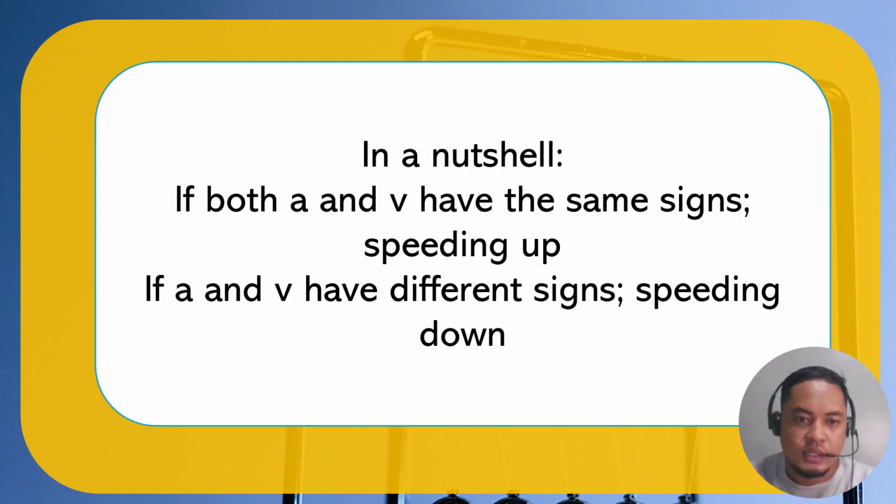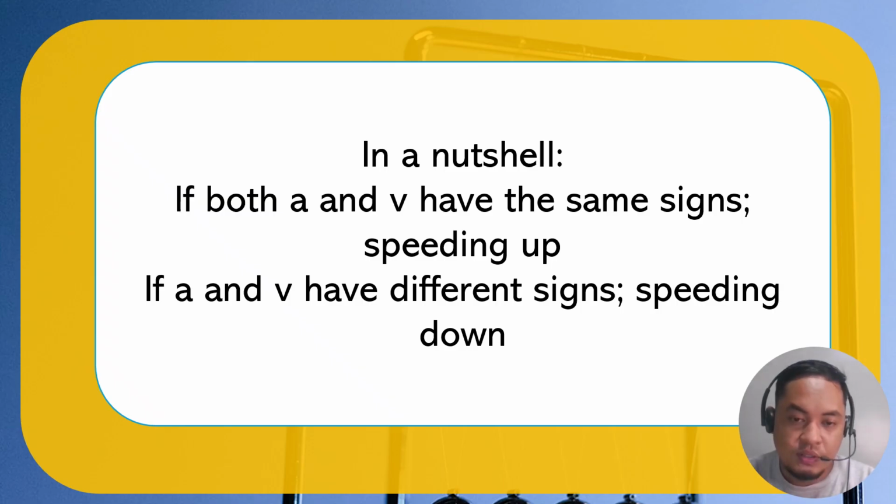So, in a nutshell, there are cases, maybe it will come out in your examination or in your entrance exams. If both acceleration and velocity have the same signs, it means it's speeding up.